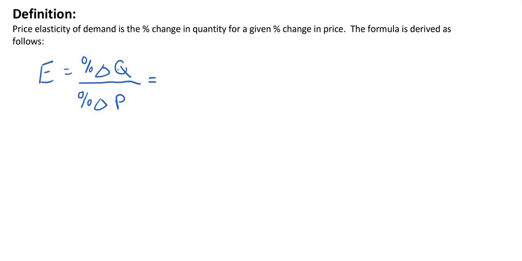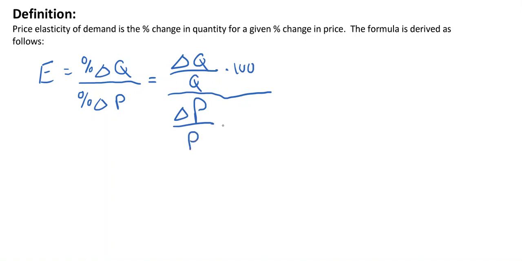And so a percent change in quantity demanded can be represented as the change in the quantity divided by the original quantity times 100, divided by the percent change in price, which would be the change in price over the original price times 100. Well, the 100s cancel out.